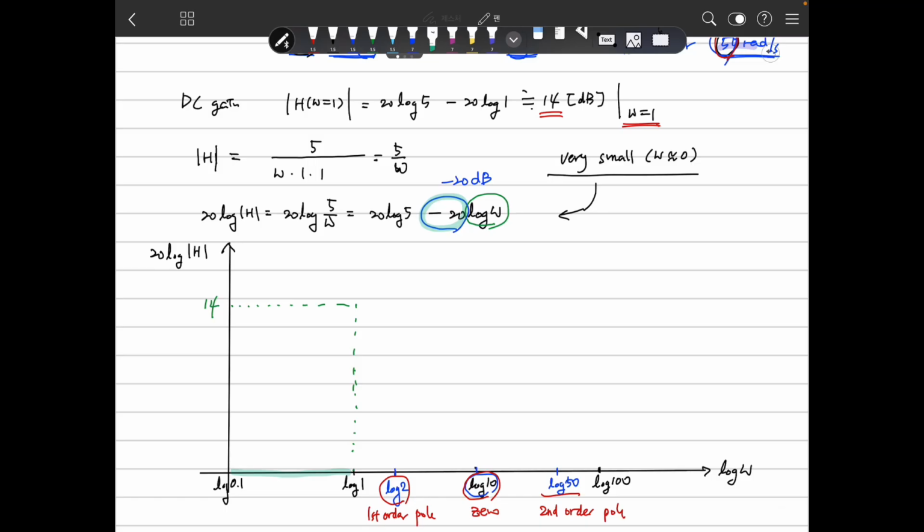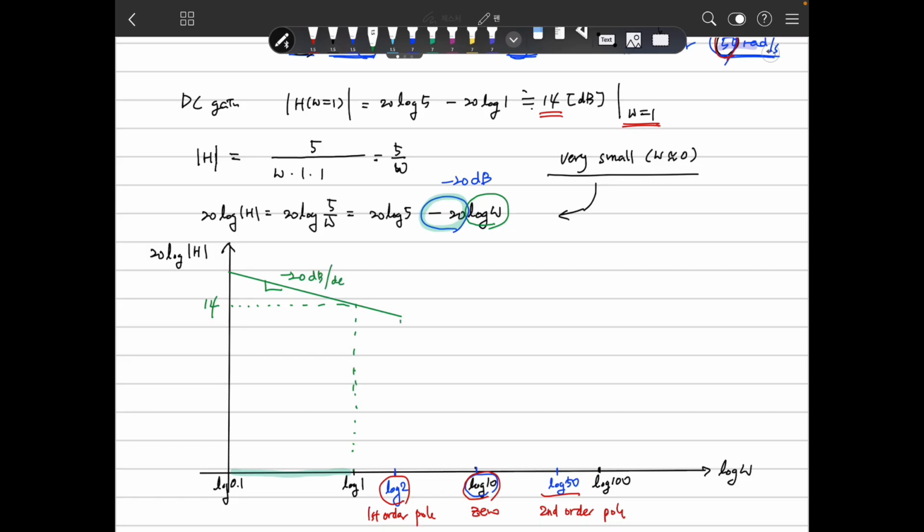So in our figure it is like that. That will be minus 20 dB per decade.